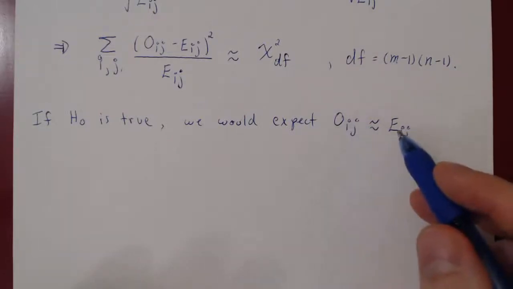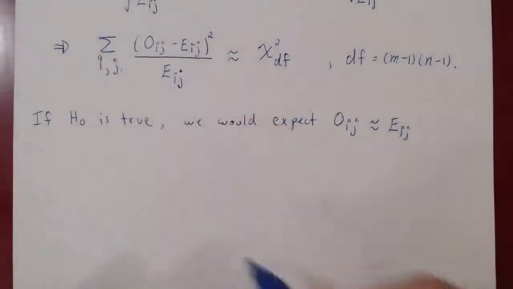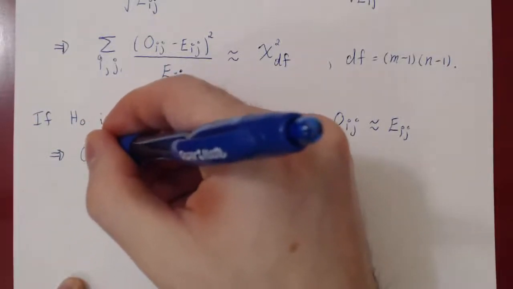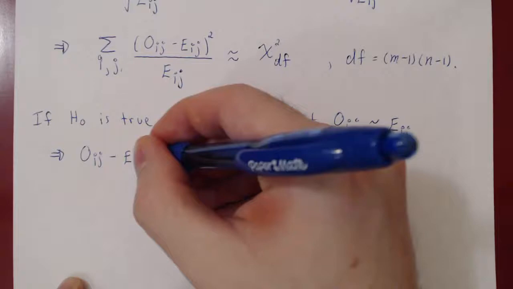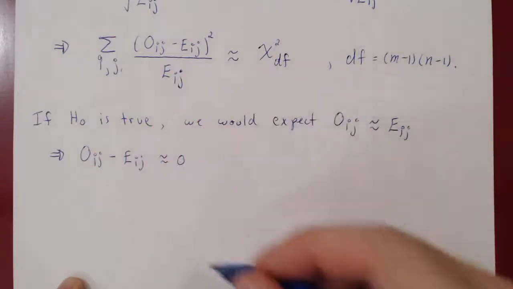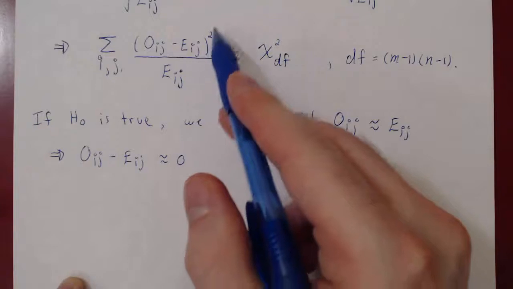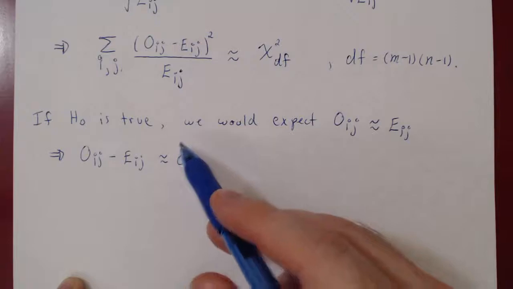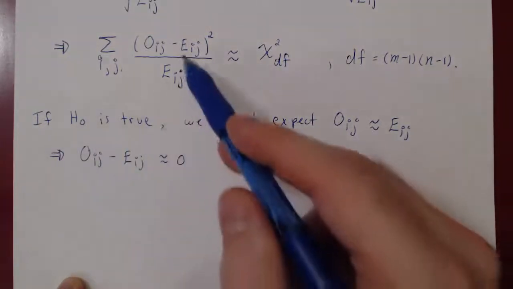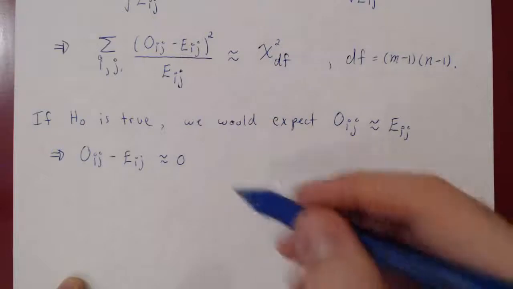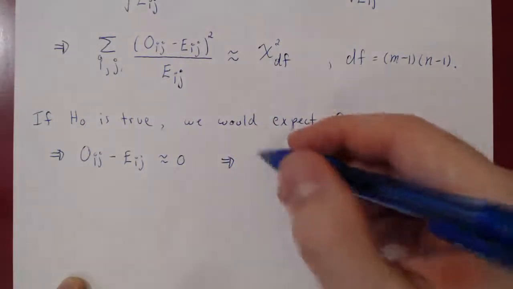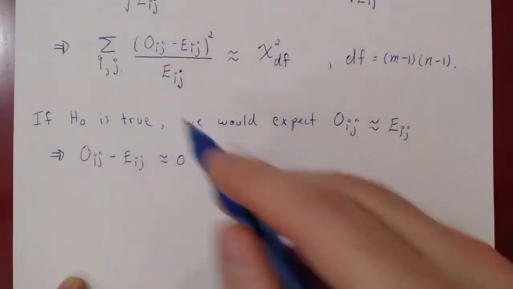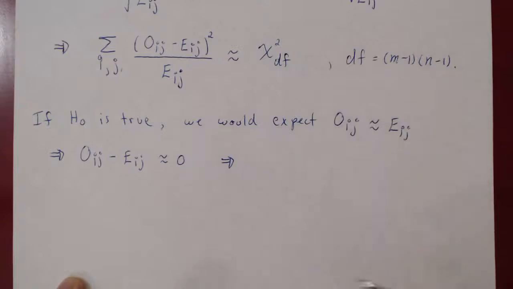If O is really close to E, that means the difference will be very small. So it's about 0, so it's very small. If you square it, it won't be too big, and if you divide by E, it will also get smaller. And so if H0 really is true, these terms must be fairly small. And of course, if you're adding small terms, the result should not be too big. And so our observed value of chi-squared should be fairly small.